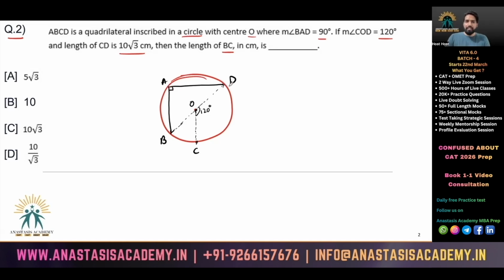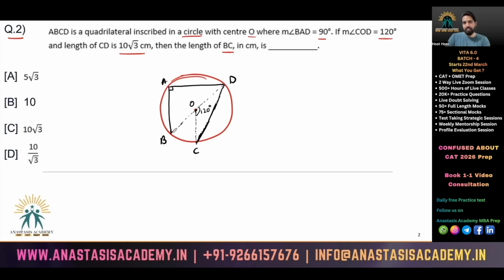We are given the length of CD also, so let's join these two points to make this line CD. CD is given as 10 root 3. So CD would be a chord of this circle.